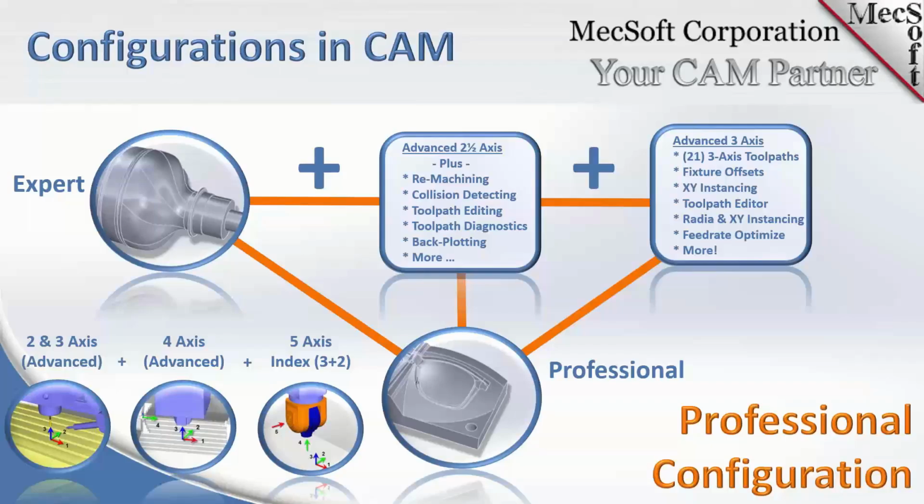So the Professional configuration gives you a lot of toolpath types that you can use to accurately machine things of this nature, as you can see. And again, like I mentioned before, you're not limited to just these types of parts. Any part that has contours and you need to have exacting control over the cutter.